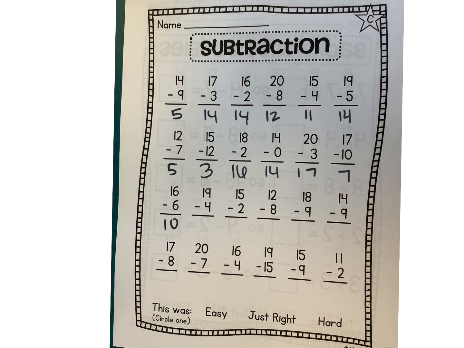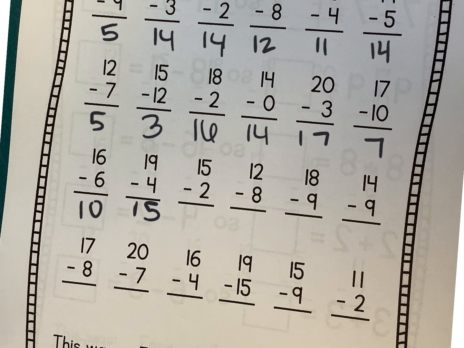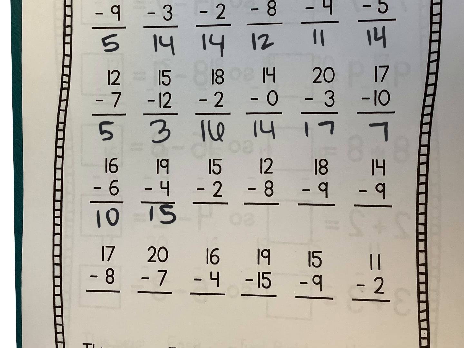19 minus 4. So if I think 9 minus 4 is 5, and then I just do the 1 because I didn't subtract anything. Allie's here to help with 15 minus 2. So what's 15 minus 2 going to be? Think in your head what 15 take away 2 would be.